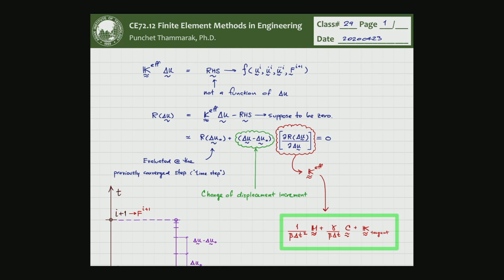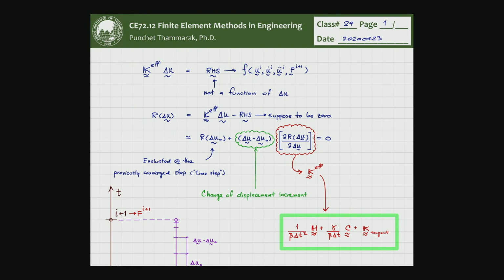So we know that the equation we are talking about here is nonlinear, and we try to solve this nonlinear equation by introducing the residual term being k effective minus the right hand side, just like that.